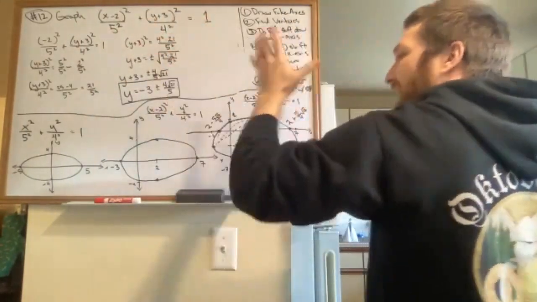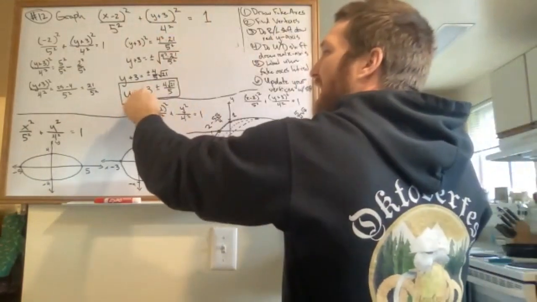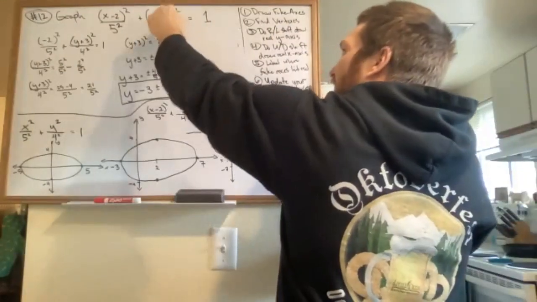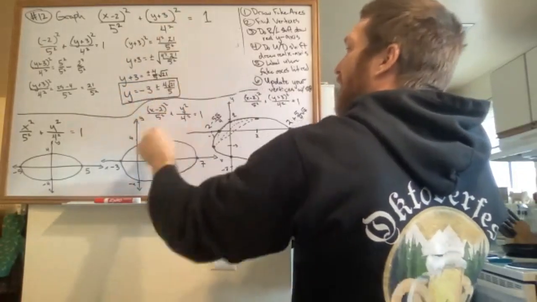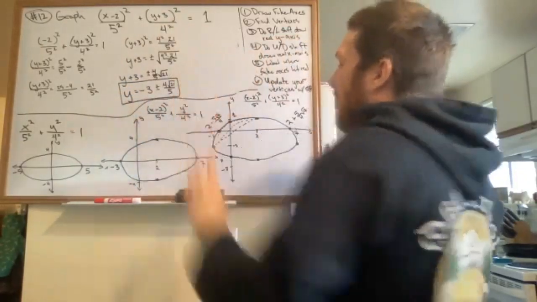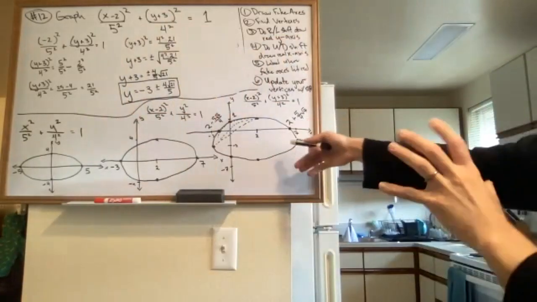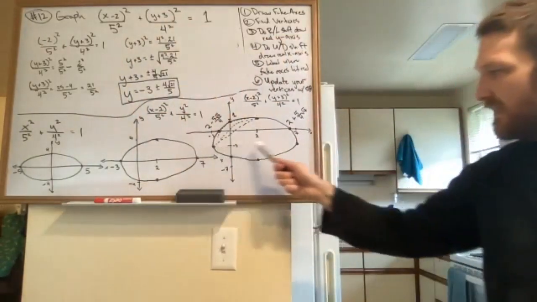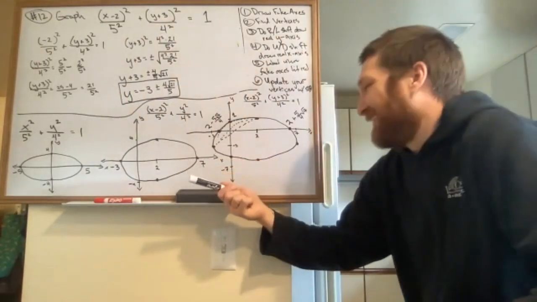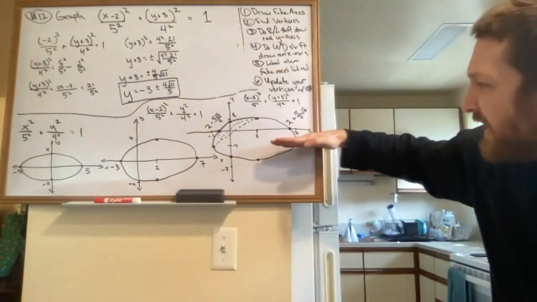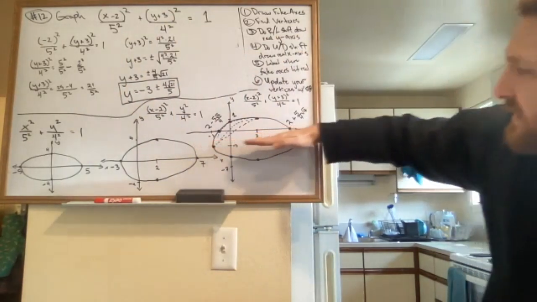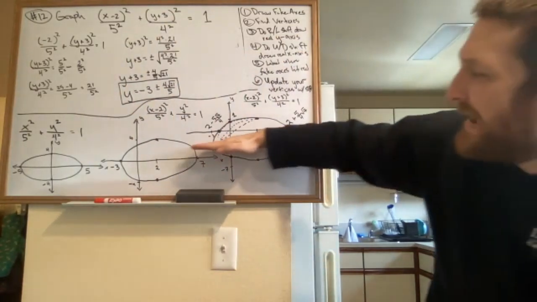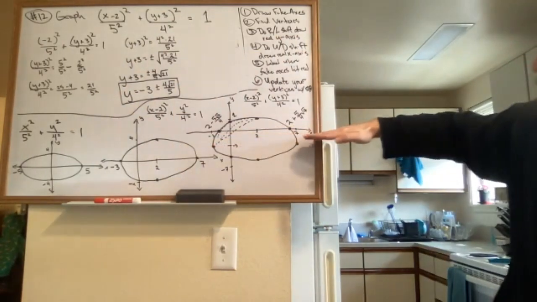And so my answer should be in the form Y equals negative 3 plus or minus some stuff. And that makes sense with my picture when I look at that. This says that, if I'd drawn it very well, you're here at negative 3. That is the major axis right there.